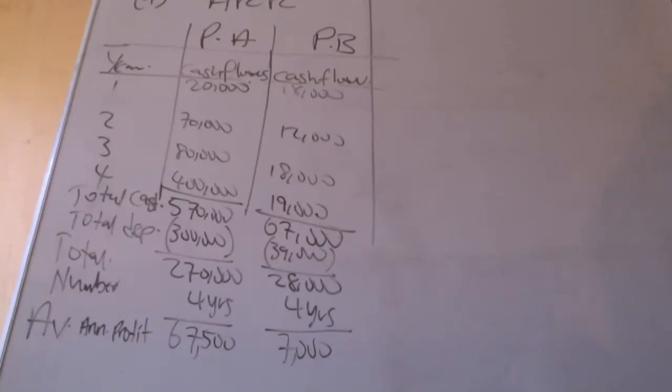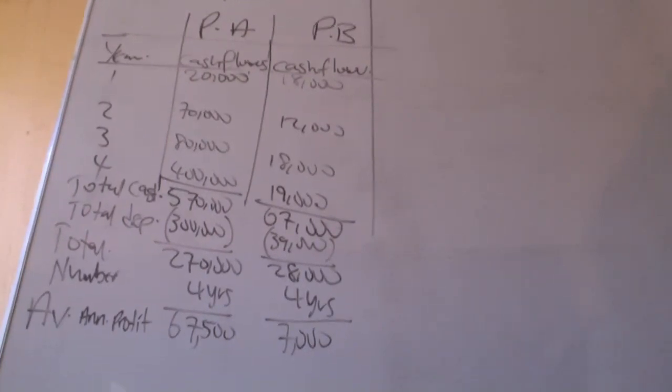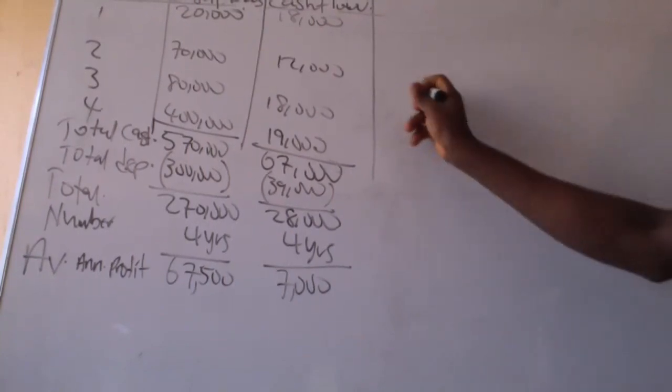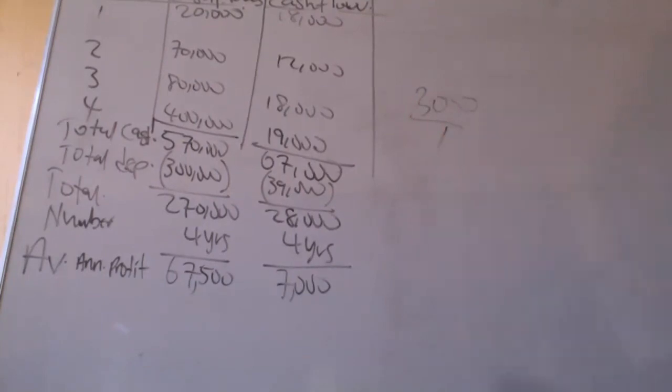Let me know if your answer is ready for the average investment. Hey, it's the same figure. What's the scrap value? Let's assume that the scrap value is 0. Will it be the same figure? Okay, so you divided the 300 by 1.